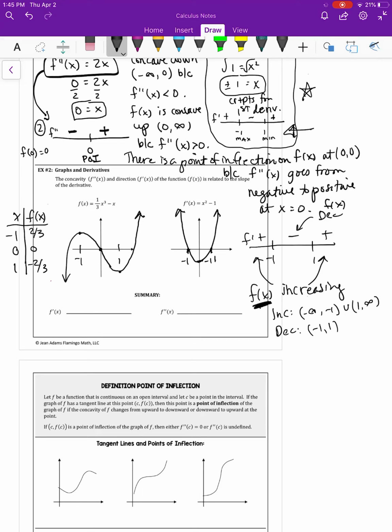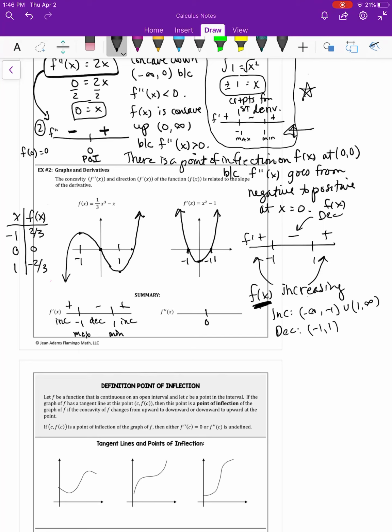So in summary, we had critical points at -1 and 1, and that was where our derivative was 0, and our derivative went positive, negative, positive, and we knew that this was my max, this was my min, and we knew increasing, decreasing, increasing based on that sign chart of my first derivative.